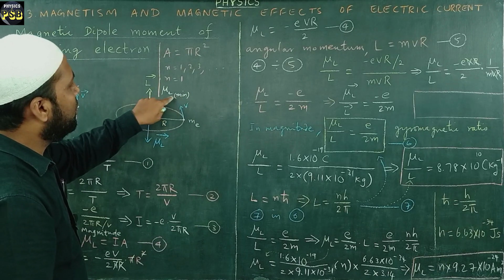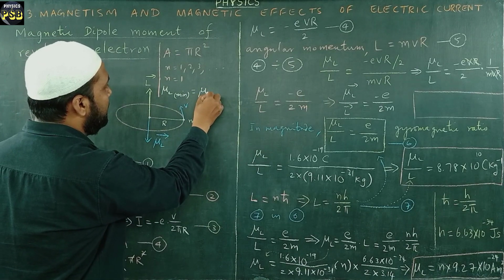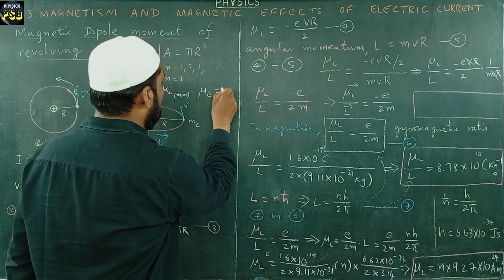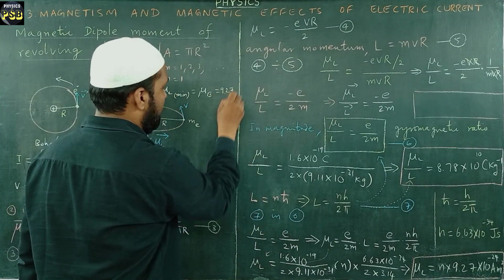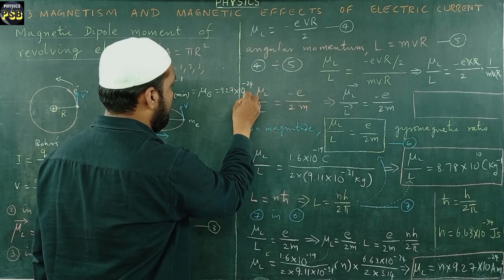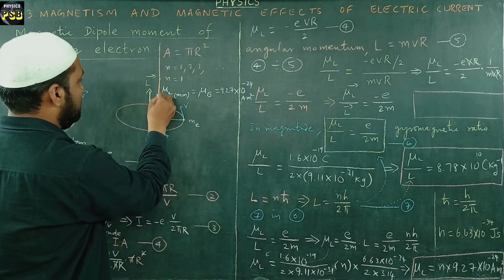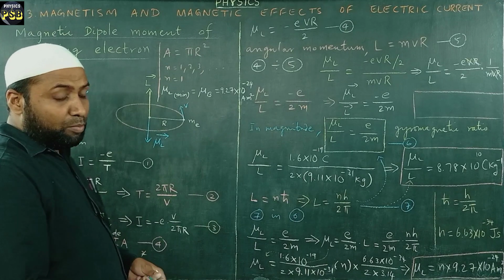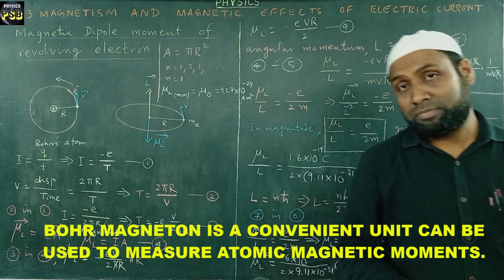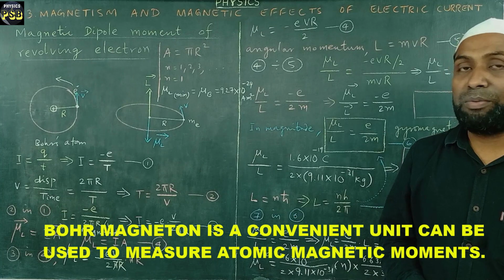The minimum value obtained for μ_L is taken as μ_B, which is equal to 9.27 × 10^-24 ampere meter square. Here μ_B is referred to as the Bohr magneton, which relates magnetic moment and angular momentum.